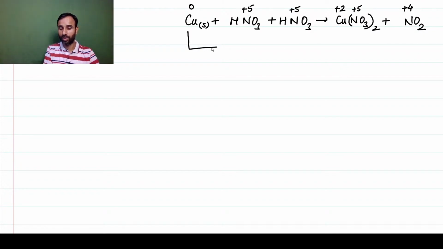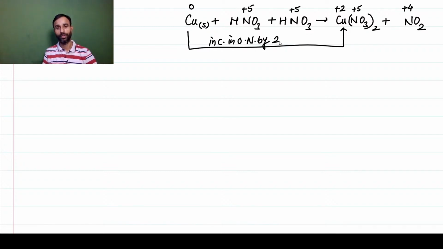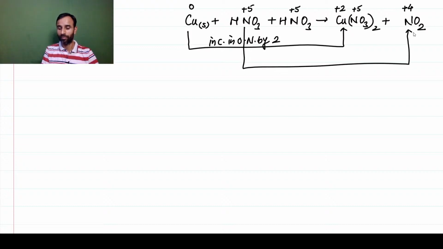So from copper to copper 2+, an increase in oxidation number by 2. Now HNO3 has a decrease in oxidation number by only 1. That means it should be multiplied by 2 only. Simple.